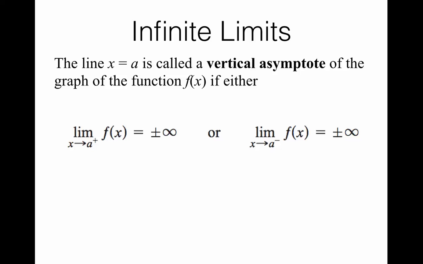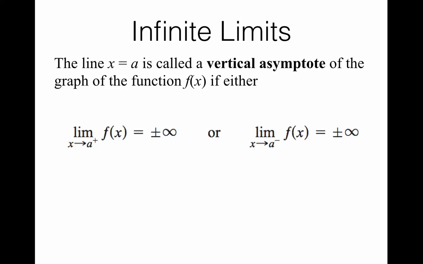So when the limit of a function equals infinity or negative infinity, we see that on the graph, the function will either shoot straight up or shoot straight down. And this effect is called a vertical asymptote of the graph. So now let's define a vertical asymptote. We call the vertical line x equals a a vertical asymptote of the graph of the function f if we have either of these infinite limits.